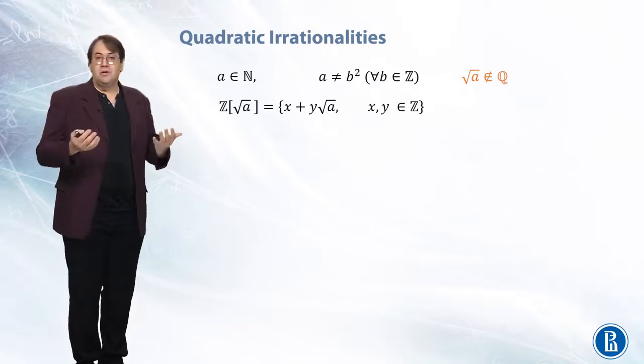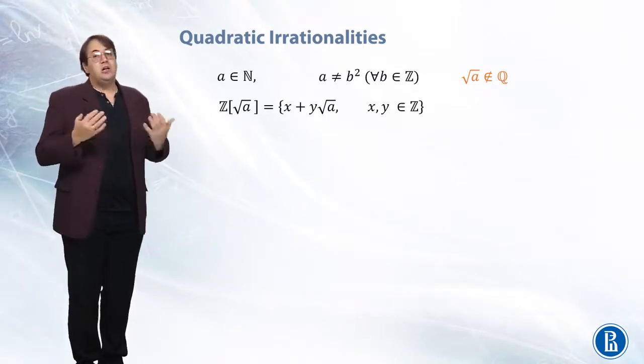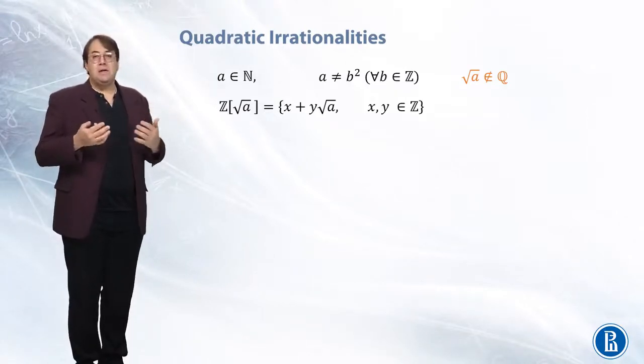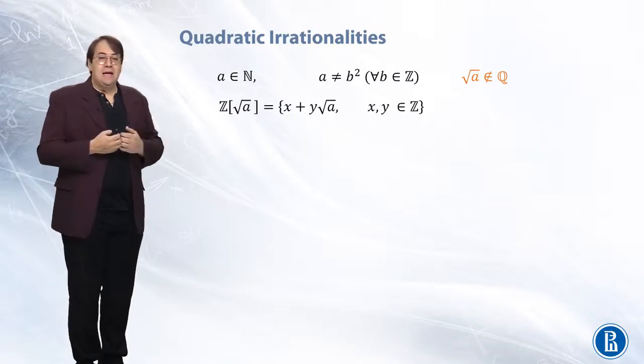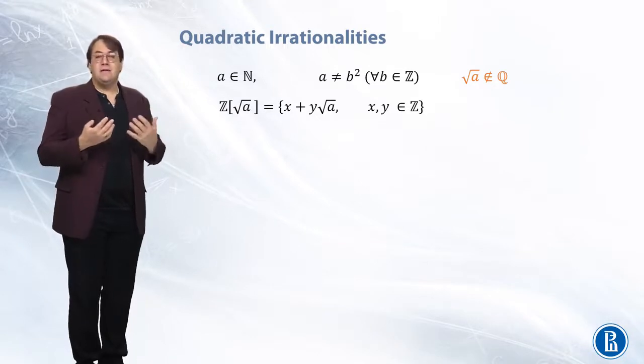Well, all these numbers are certainly real numbers. Not all of them are irrational, of course, because y can be equal to 0. So some of them are integer. Let's take a look at this set of numbers in a certain example.